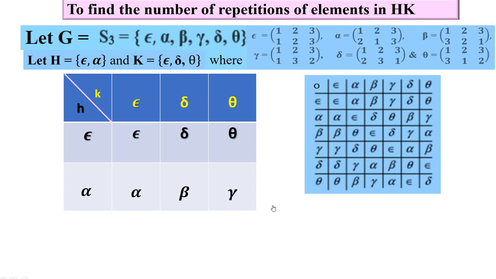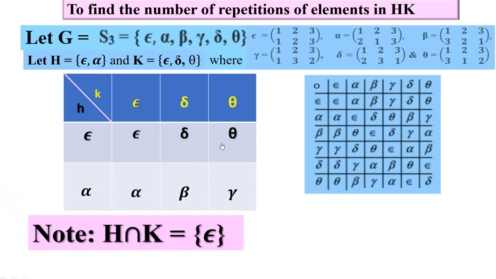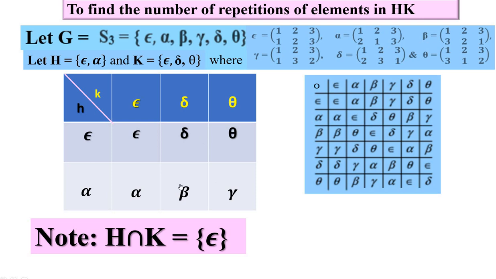So this is what we have. The product Hk consists of elements epsilon, alpha, beta, gamma, delta, theta. So my Hk is exactly equal to S3. And here all the elements occur only once. There is no repetition. And not only that, H intersection K gives me just epsilon.